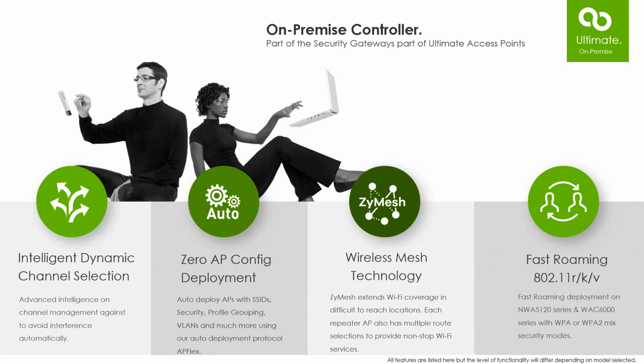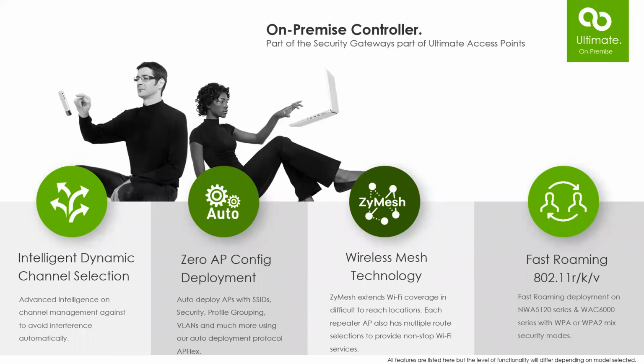With our controller system, our APs will automatically find the controller on the network. You don't have to configure the APs and point them to a controller or put them in controller mode. They will find the controller automatically and allow you to enable it through the controller itself. Mesh technology, fast roaming technology, et cetera.